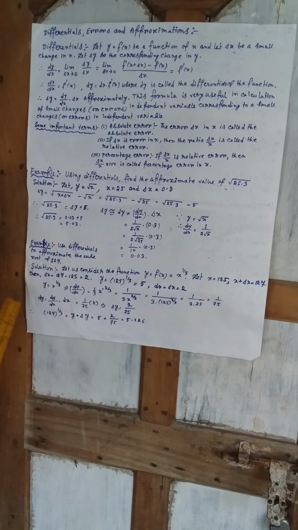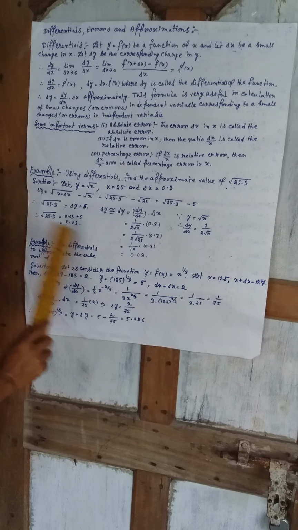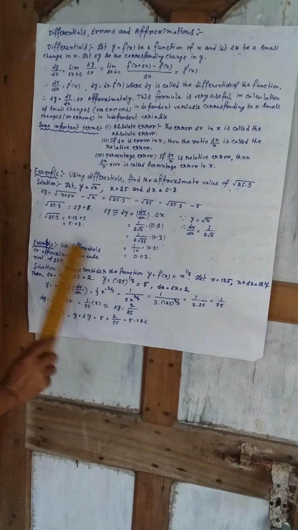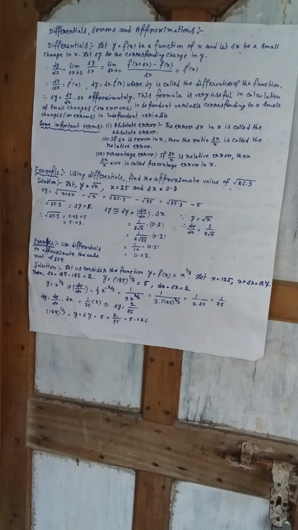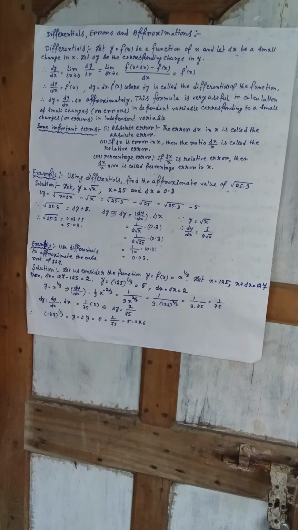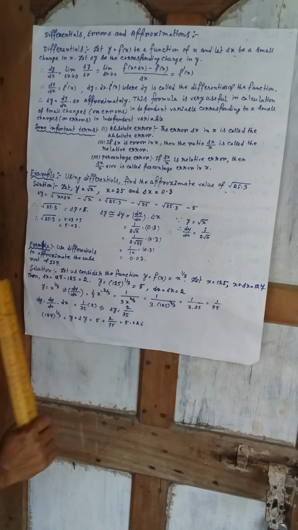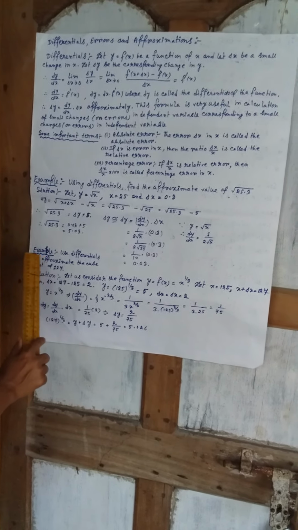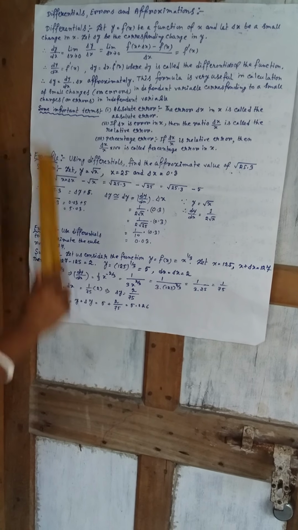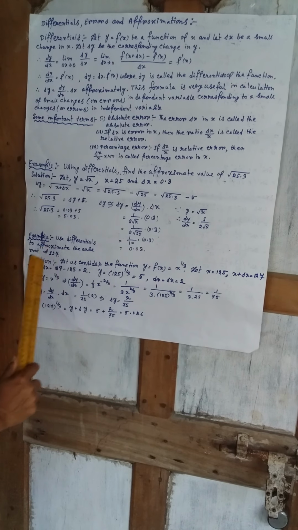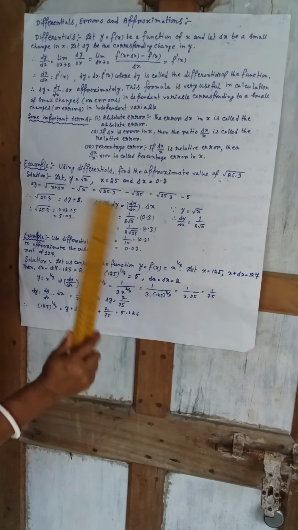Okay. Now the second example: use differentials to approximate the cube root of 127. We know the cube root of 125 equal to 5. So we have to approximate the cube root of 127. So the increase is what? 2, del x equal to 2.